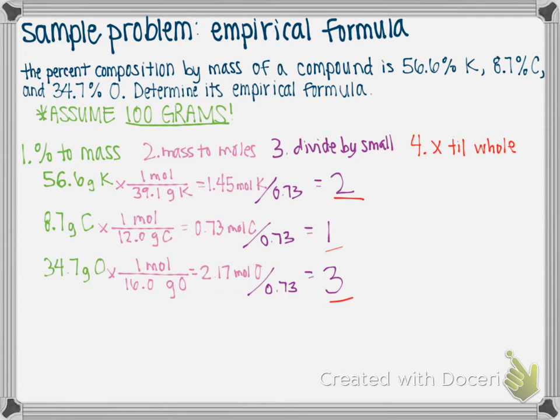So what this tells us is that your empirical formula is going to be 2 potassium, 1 carbon, 3 oxygen. And that's going to be your empirical formula. And so you would write that as K2, C, you don't need to write the 1, O3. Okay, so K2CO3.